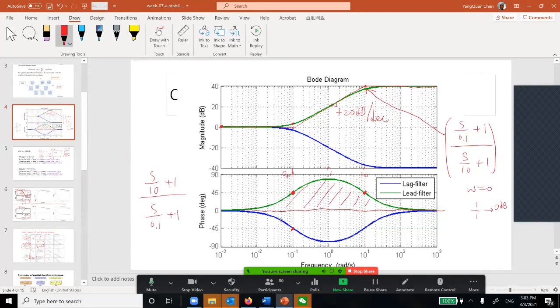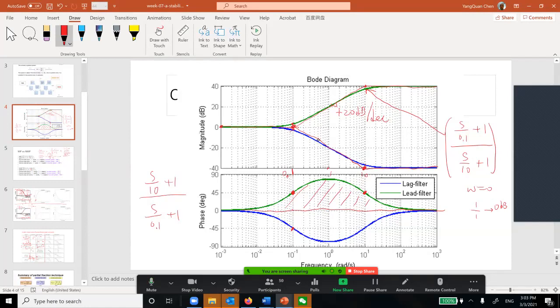Because I have 0.1, that is here, 0.1 is here. So I have this breakpoint, then I have 10 in here, this is my 10, this is my 0.1. So then I just link these 2 lines, it's my asymptotes.